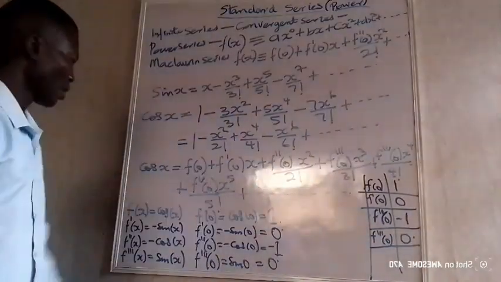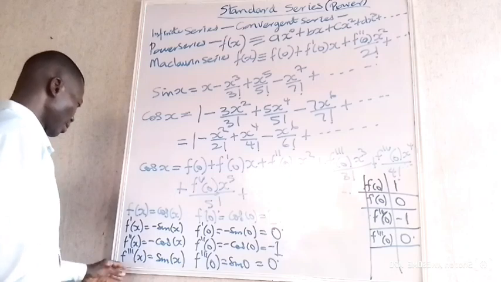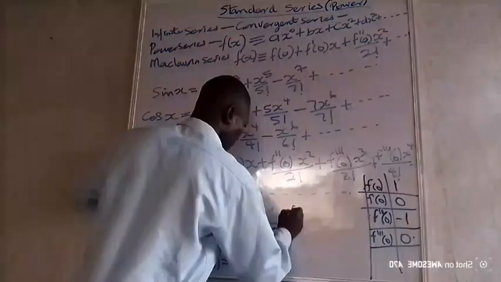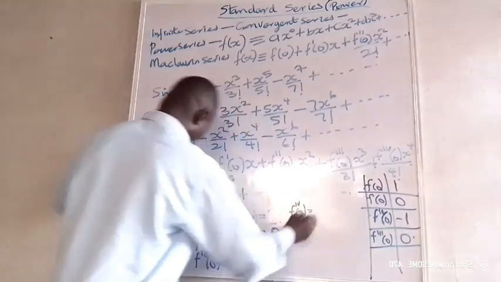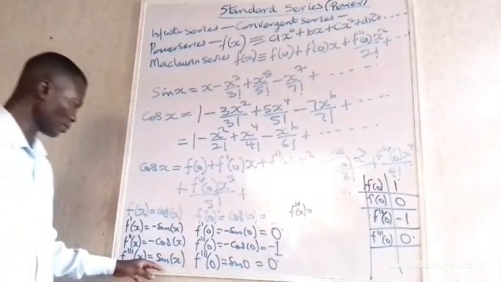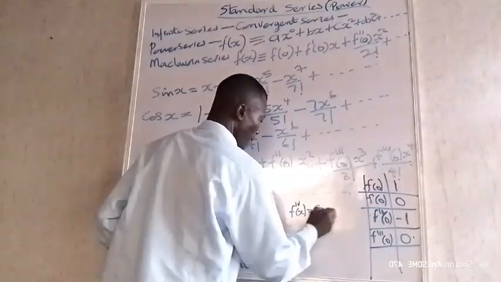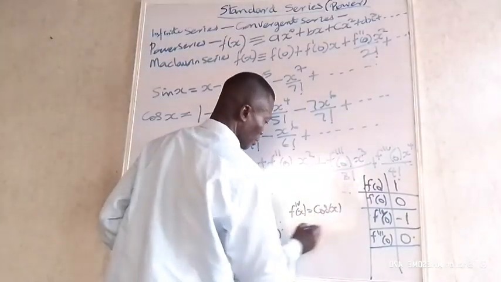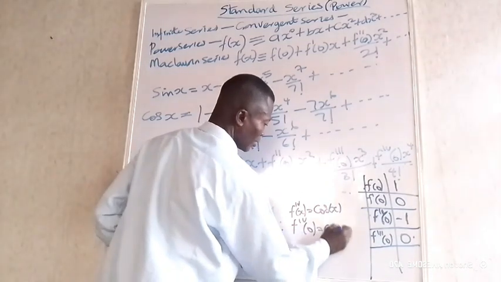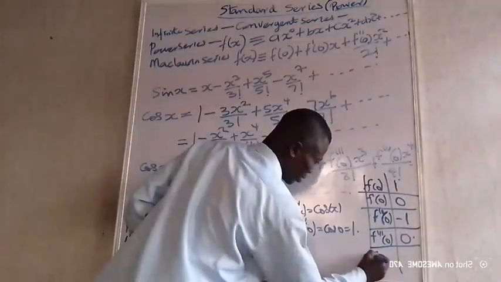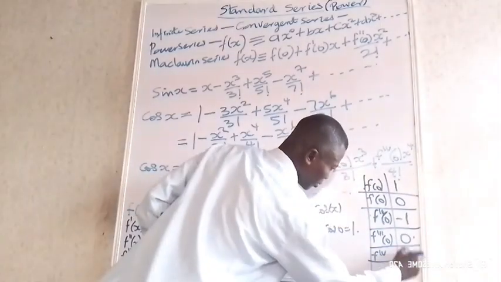Let's go on to the fourth one. What's that? That is cos x. So f4(0) is equal to cos 0, and that is 1. So f4 is equal to 1.